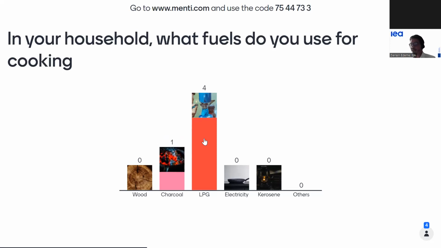In this case, I see LPG is the leading fuel. Then we have charcoal. Apparently, no one is using electricity, wood or kerosene. I see 4 of you answered. We'll give some seconds more for the rest of you, who maybe are still logging into mentee.com.